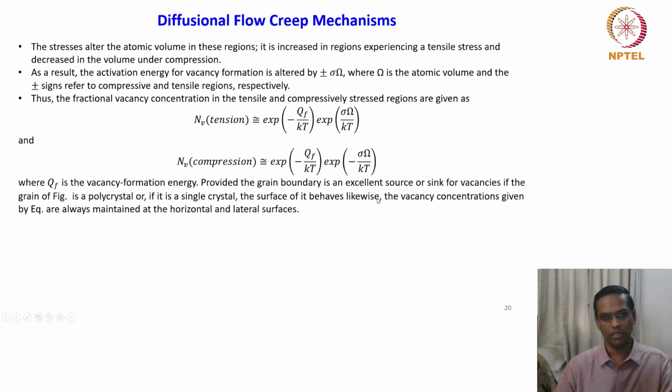So there are two cases. If you consider a single crystal, then the surface of the single crystal will act as a boundary. And if it is a polycrystal, then you can look at any boundary, which will act as a sink for vacancies. The vacancy concentrations given by the equation are always maintained at the horizontal and lateral surfaces.